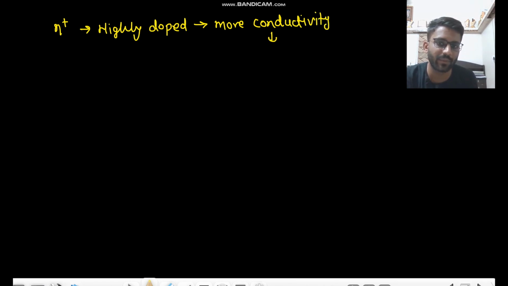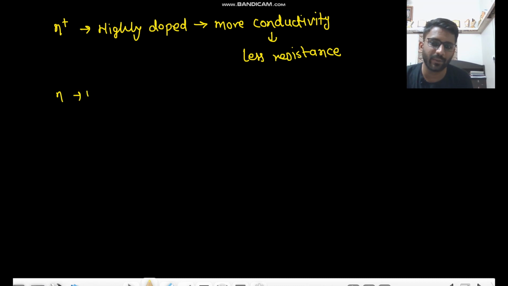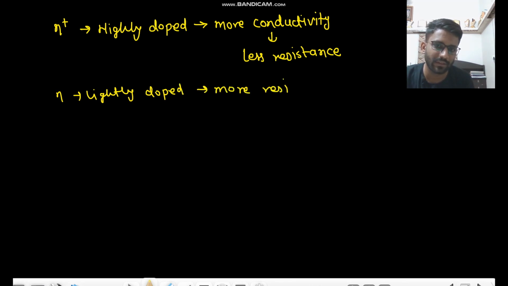If it has more conductivity, it has less resistance. And n is lightly doped, which means it will have more resistance.